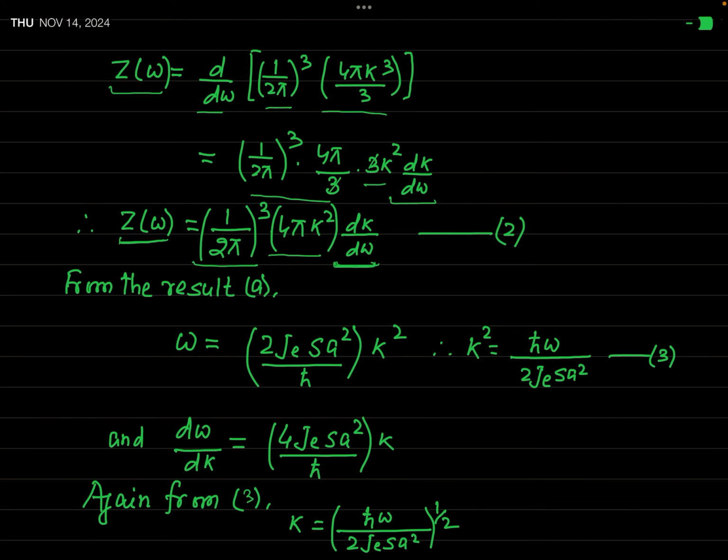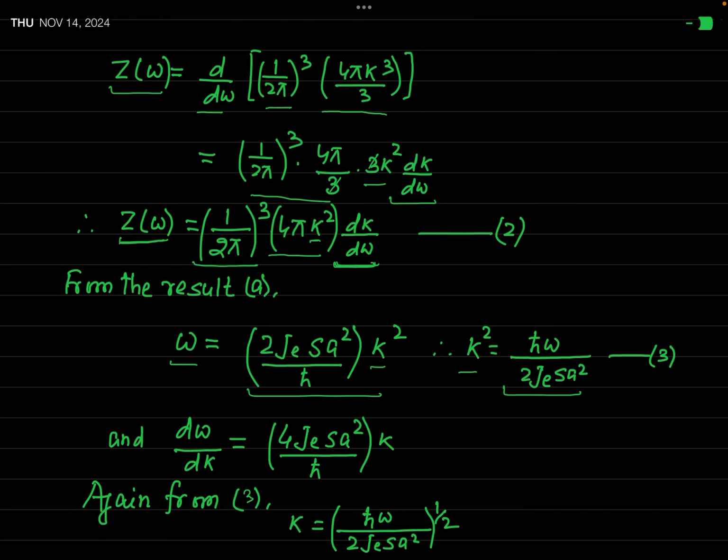So as you have seen, from this dispersion relation we can write omega is equal to this much. This is 2 JeS a square over h bar times k square. And so you can write k square is equal to this much. Actually this value of k square will also be needed, because here there is k square, you can see.